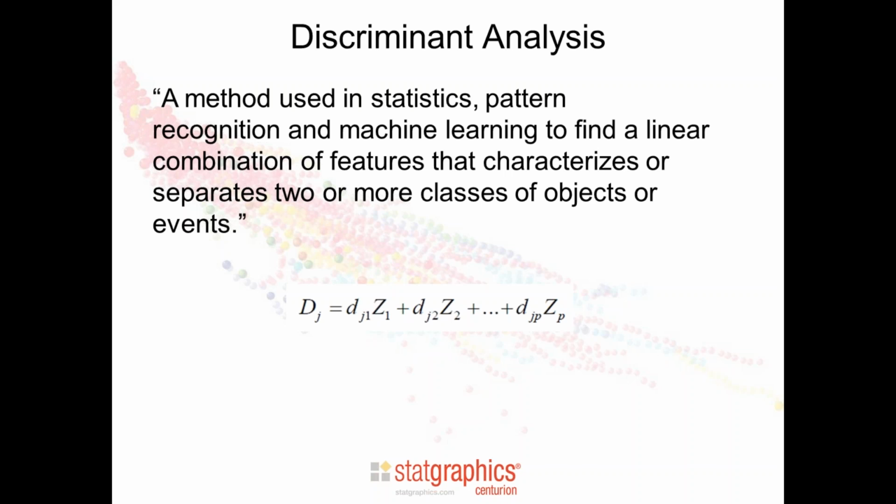It basically takes your metrics, things like price earnings ratio, return on investment, and builds a linear combination, finding the linear combination that best distinguishes or separates groups.